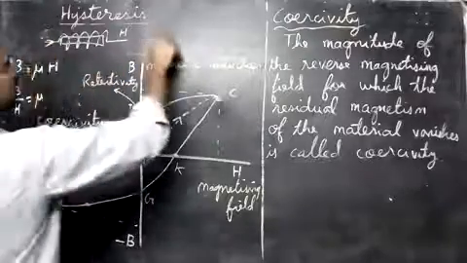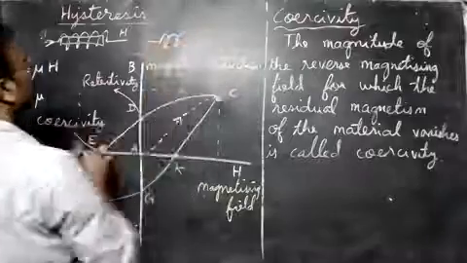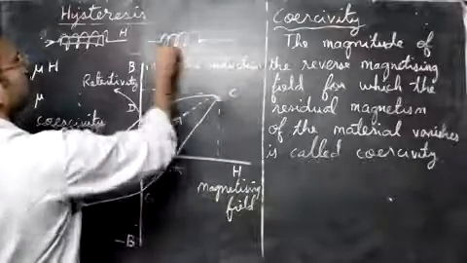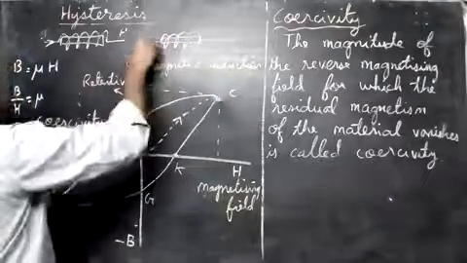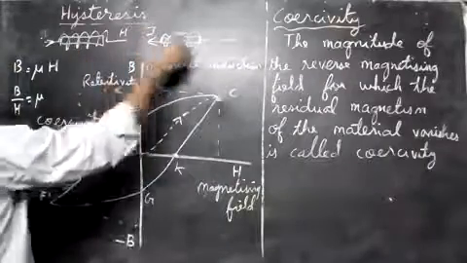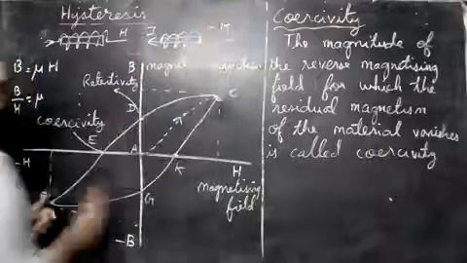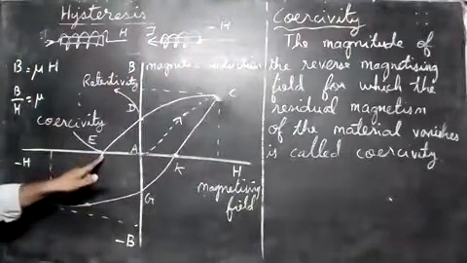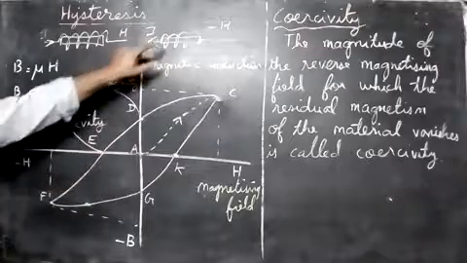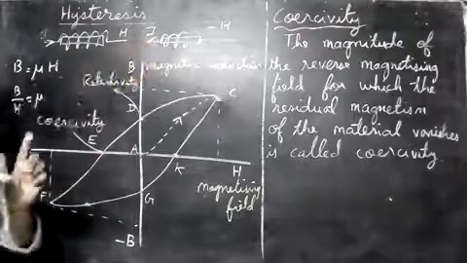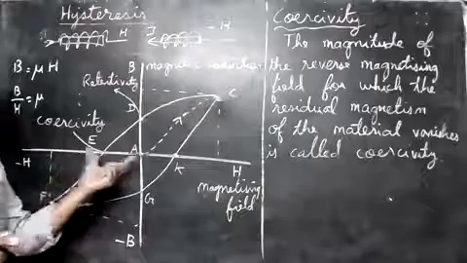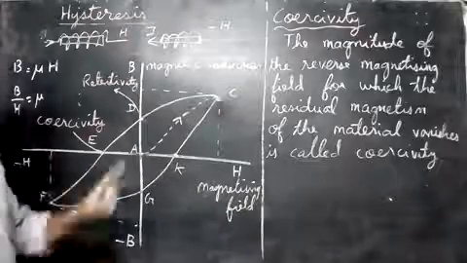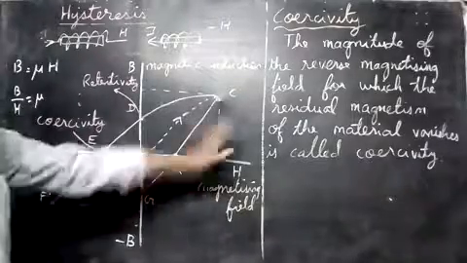I'll draw another picture with the same substance. When you send current in the opposite direction, we get the minus H value, so that the magnetic property goes away. That value, this distance AE, is called the coercivity, the value of minus H. It's very simple.